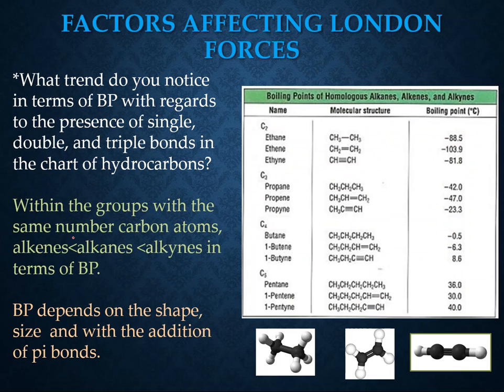And here within the groups, the alkenes are going to have the lowest, then the alkanes, and then the alkynes are going to be the strongest. Due to this nice linear shape, this nice skinny linear molecule, more polarizable. These are the flat triangles I was talking about. Here's one of the triangles.